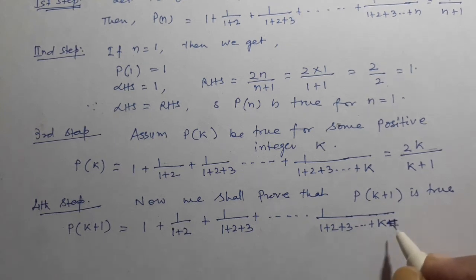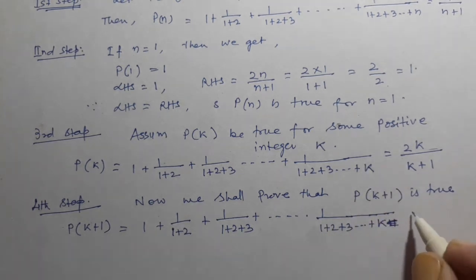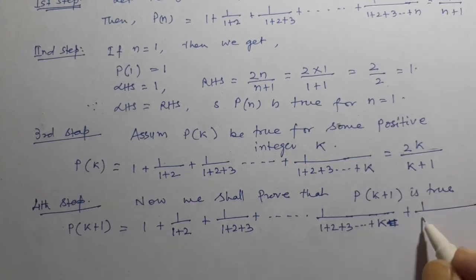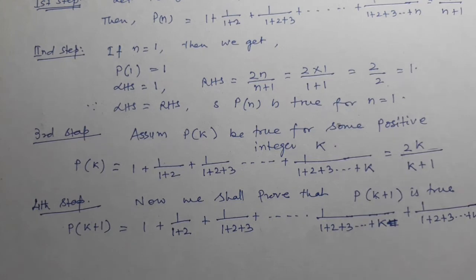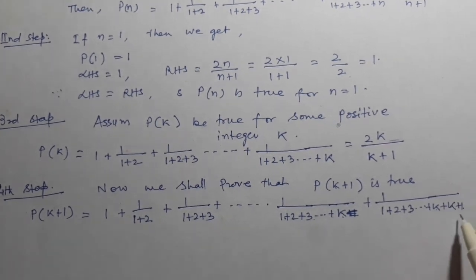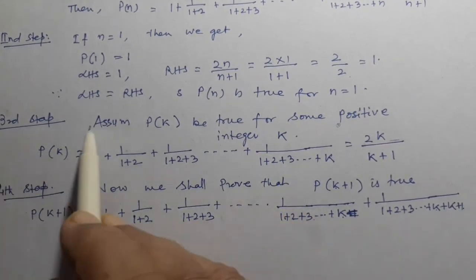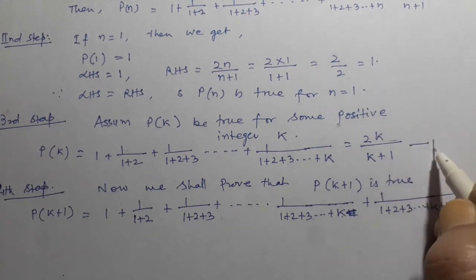Sorry, up to k it is up to here, and now plus 1 by (1 plus 2 plus 3 dot dot plus k plus 1). Okay, so this is k plus 1. It is 1, 2, 3 up to k, and next is k plus 1, right? And this in third step we shall consider as equation 1.